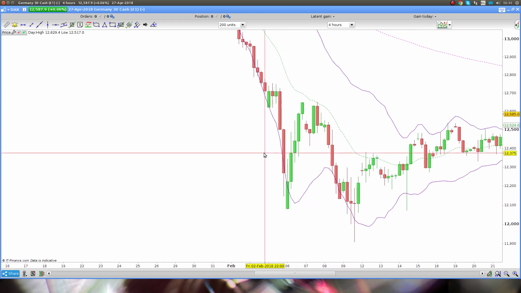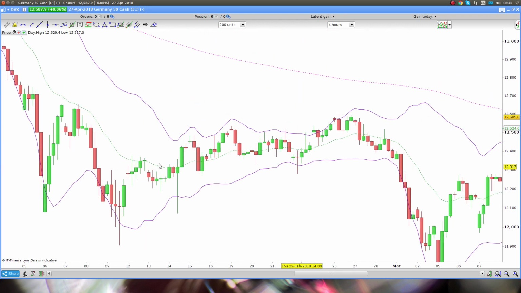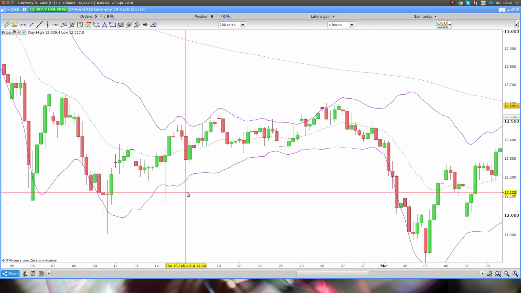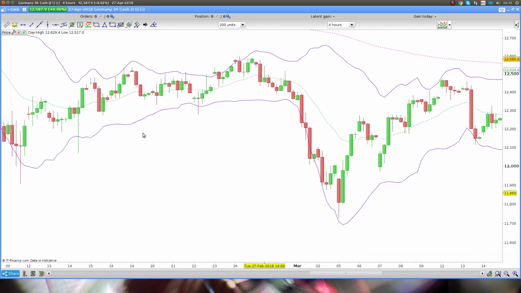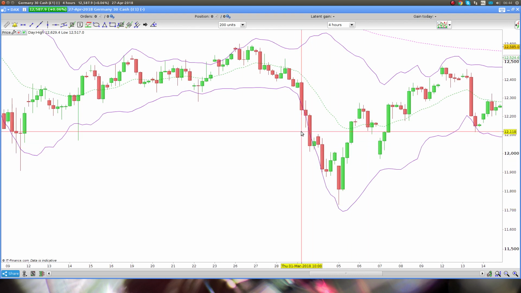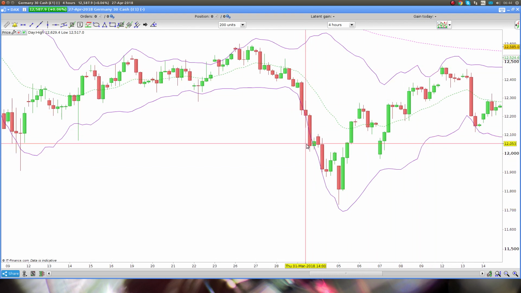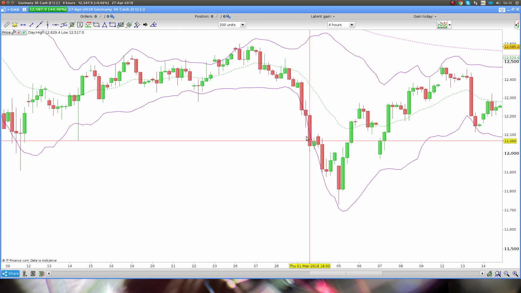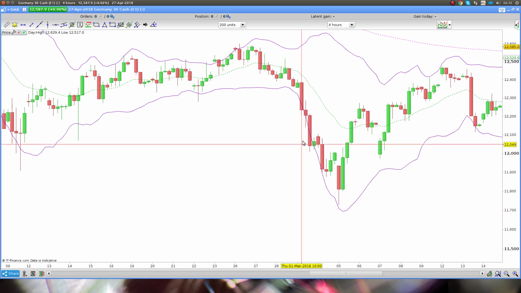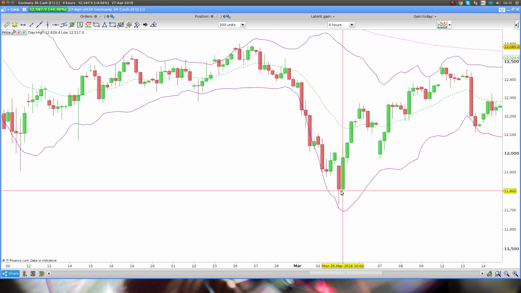Okay, so those are the 3 things that I focus on with Bollinger Bands. So it's the double bottom or double tops with the deviation from the band. So when you see this kind of setup here, you know that the move is coming to an end.